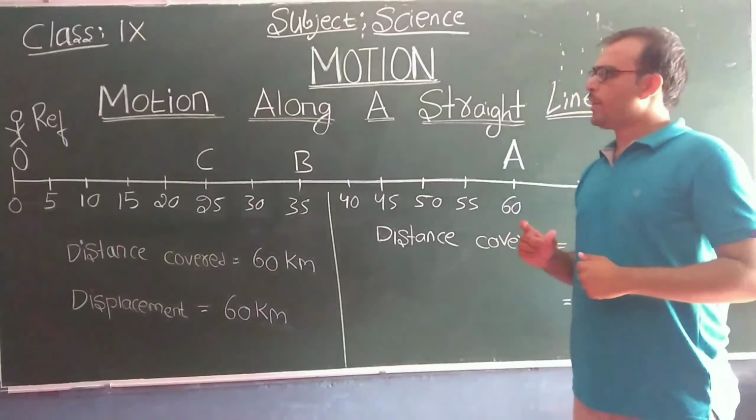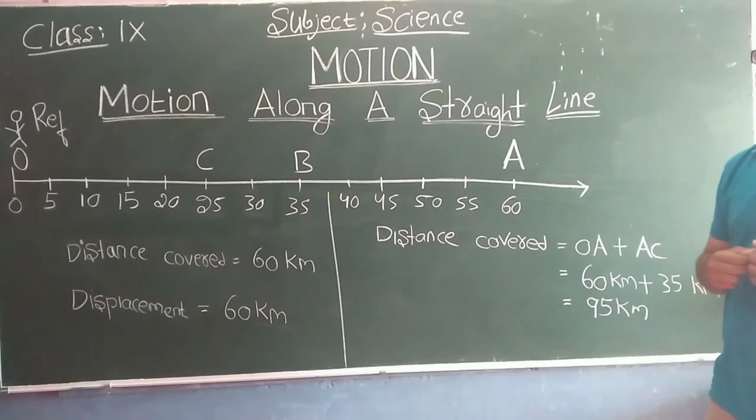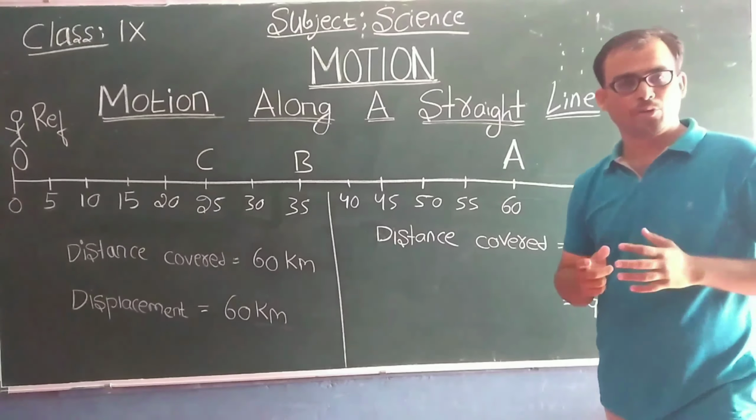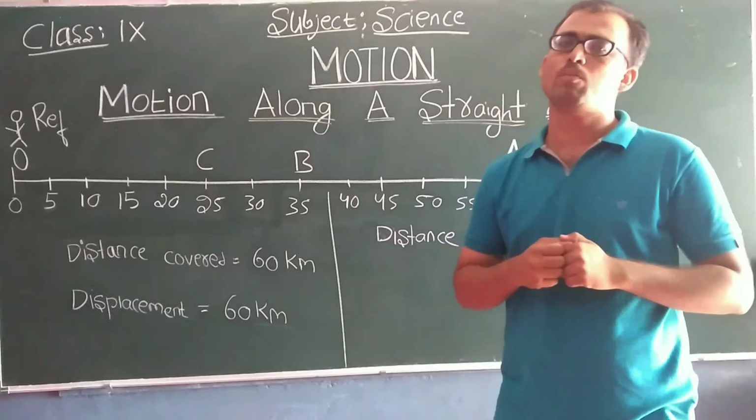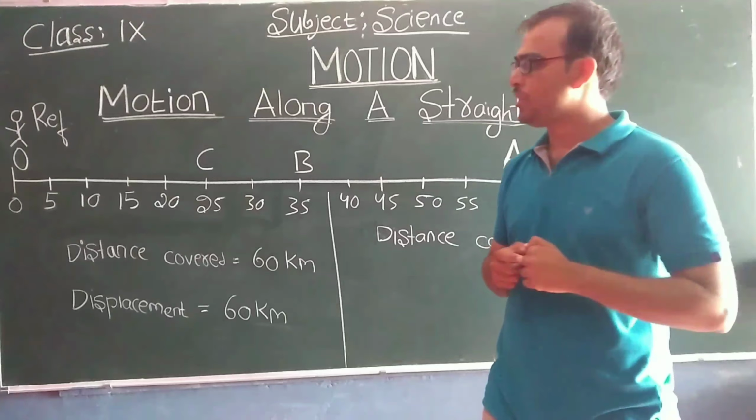So now what is displacement in this case? As I told you, displacement is nothing but the least distance between the two points, that is, the final point and the initial point.